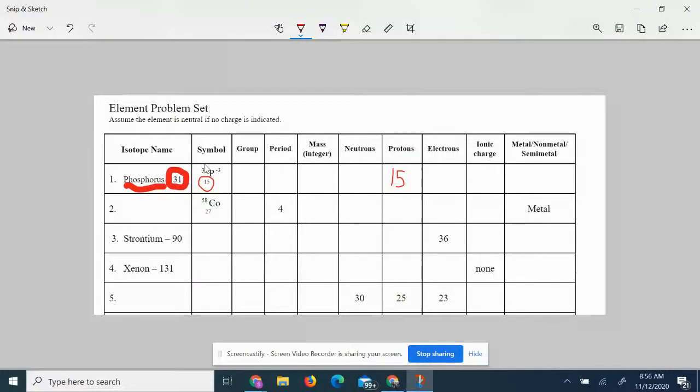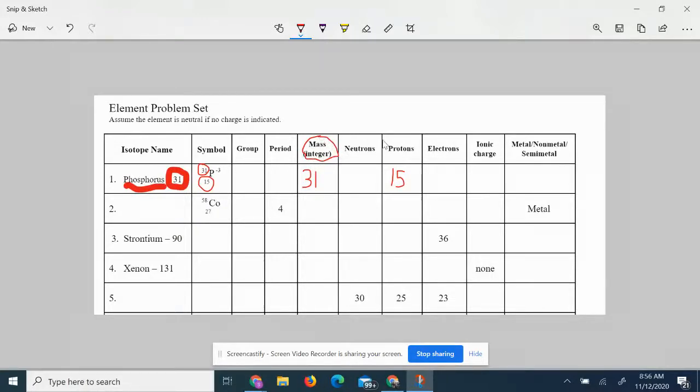The 31, again, you see it here as you also saw it in the isotope name. So the 31 is the mass integer. And from that, I can solve the number of neutrons, because the number of neutrons is the mass number minus the number of protons.